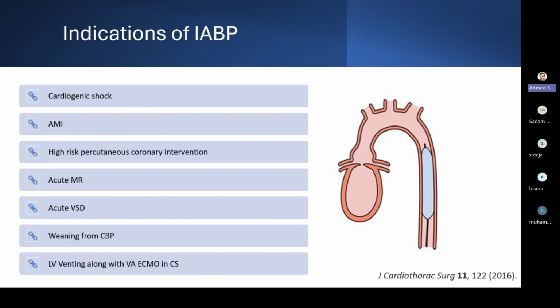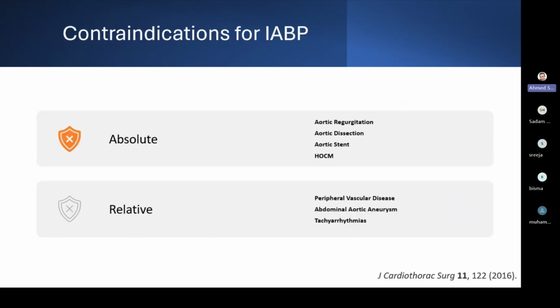We can also use the intra-aortic balloon for patients with cardiogenic shock as a left ventricle venting strategy along with VA ECMO.